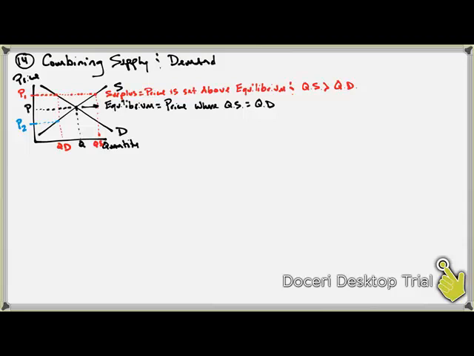Draw the nice little dotted lines. Make your points. Now, at P2, this represents the quantity supplied, and this dot out here represents the quantity demanded.